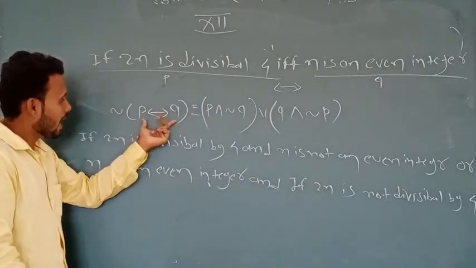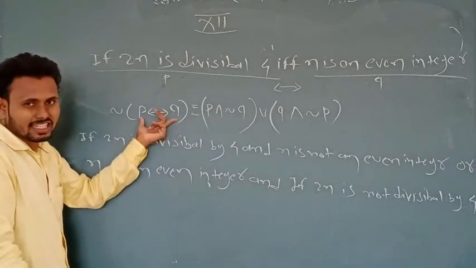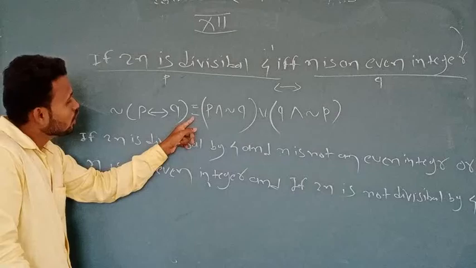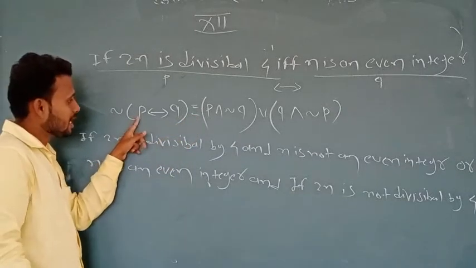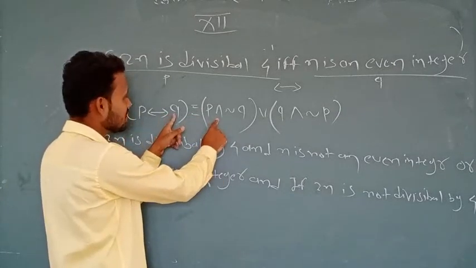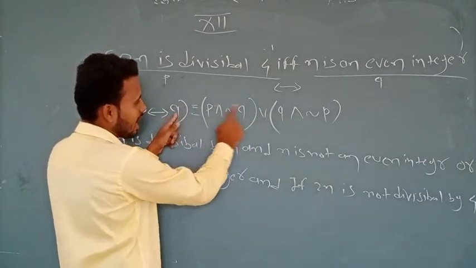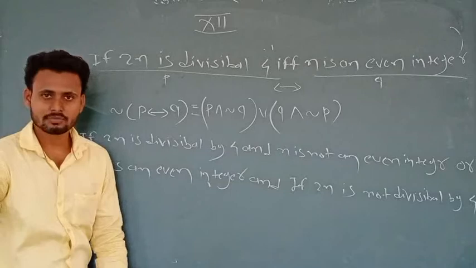We have to find the negation of that biconditional statement, and we know it is equivalent to the first statement P as it is, and with just the negation of the second statement Q, then or with the second statement Q as it is, and with just the negation of the first statement.